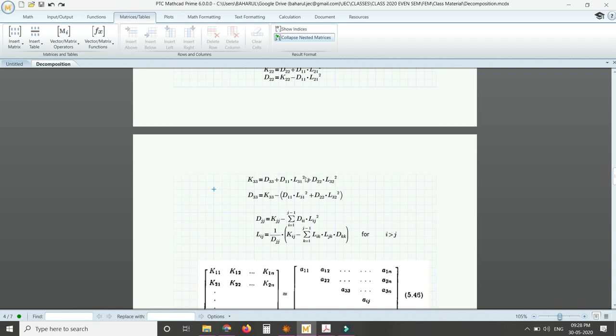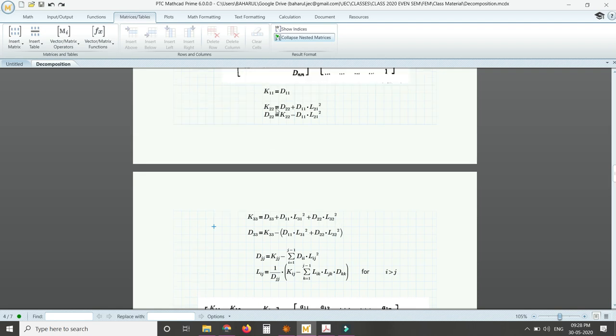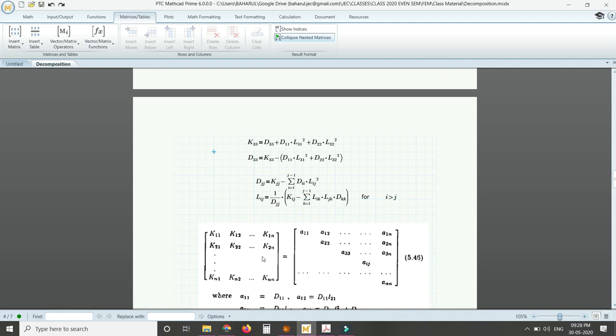Also D11, so everything can be generalized to find out the Dii matrix and L matrix. If I generalize these equations, we will get two general equations. These equations will help to find out the D matrix, and this equation will help you find out the L matrix.